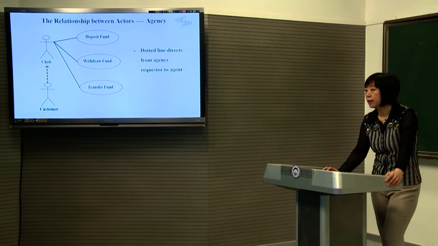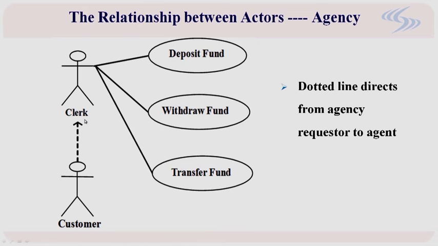It is the clerk who will interact or communicate with the bank system to deposit or withdraw or transfer and so on. But surely the clerk does all such kinds of things for some customers.